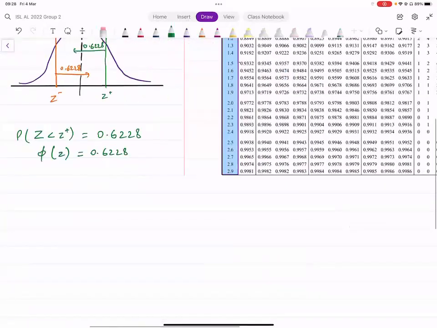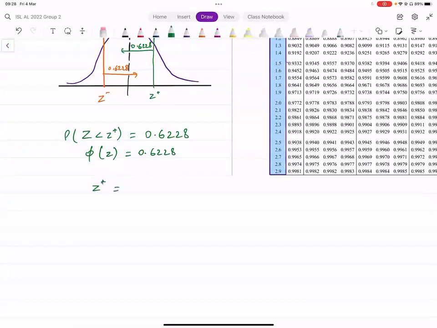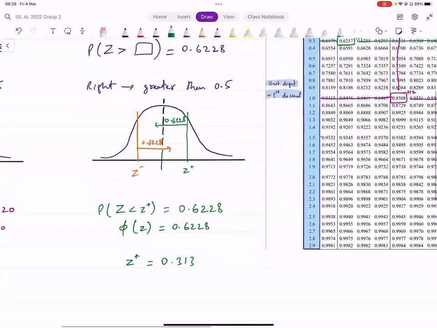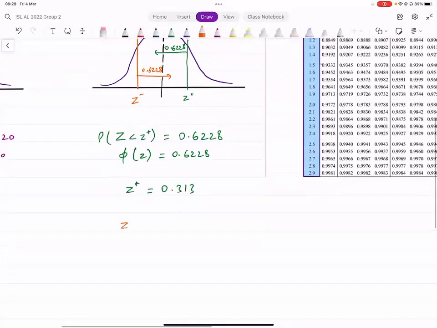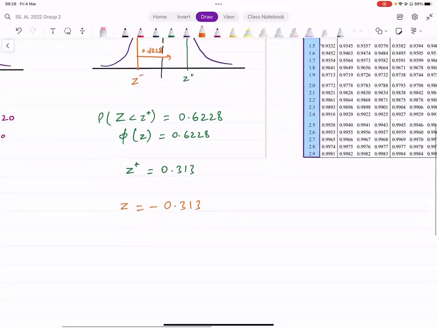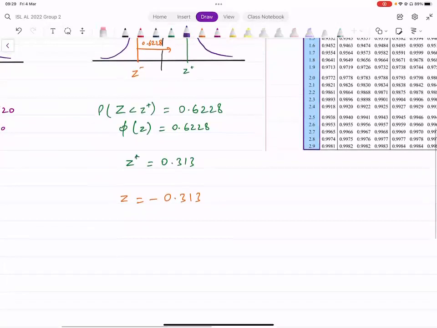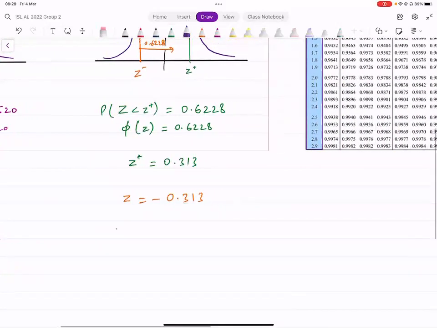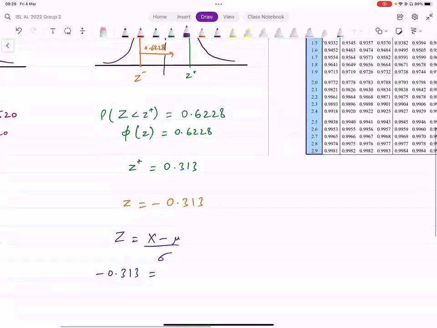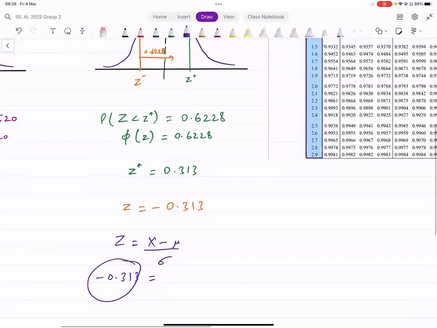So we say the positive value of z, remember, that is 0.313. असल में z क्या था? असल में z नेगेटिव था. हम क्या करेंगे अब? हम कहेंगे z is actually now equal to minus 0.313. Now we put this in the formula, which is z equals x minus mu over sigma. z की वैल्यू क्या आई है? minus 0.313. अगर आपने माइनस प्लस का ख्याल नहीं रखा, you'll end up getting wrong answers at the end.